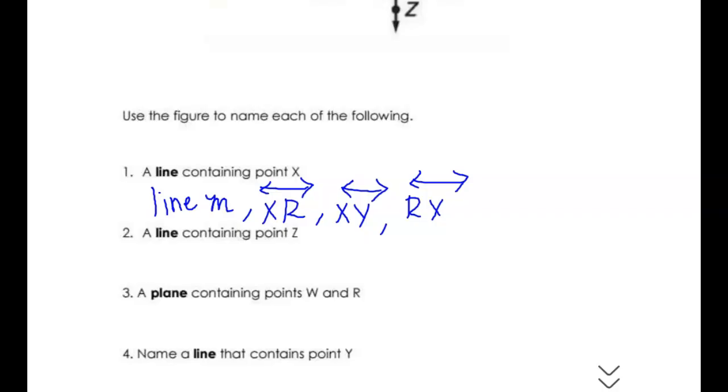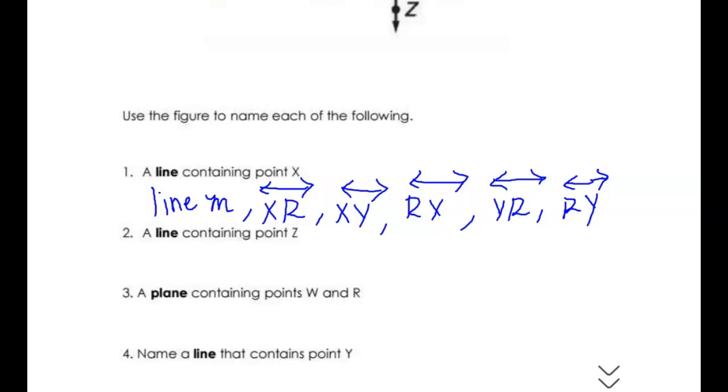With the arrows. What else? YR, good. If you put any of these, you're correct. Are we good? Okay, let's do the next one.